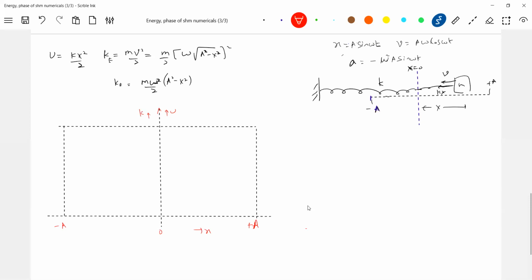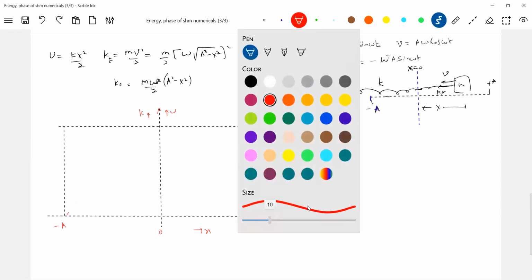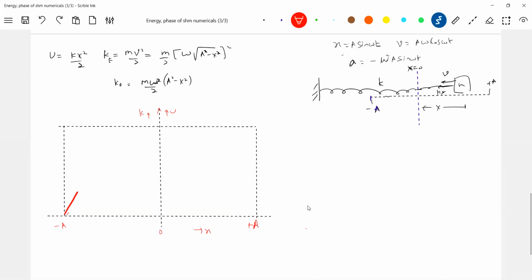First, how the kinetic energy behaves. Kinetic energy will be maximum here, so the curve will be, because at the mean position the speed of the block is maximum. It's a parabola.